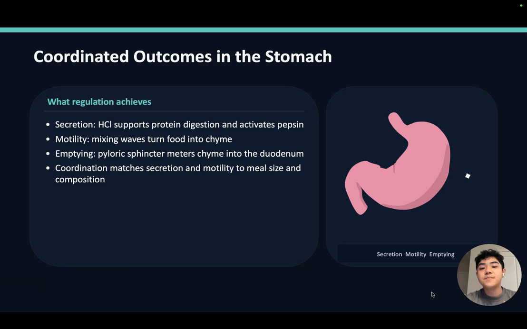So the pyloric sphincter regulates how fast chyme enters the duodenum. The stomach does not dump everything at once. It actually coordinates mixing and secretion while delivering chyme in small portions. So overall, the stomach is coordinating secretion and movements as one integrated process, not as separate actions.